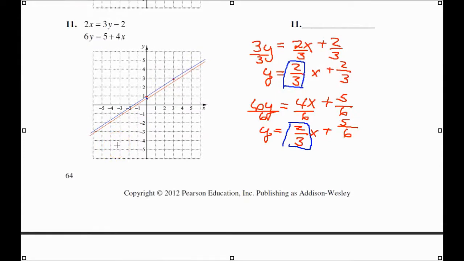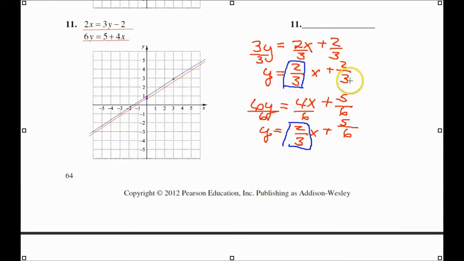Okay, as we look at example 11, and again, what I did here is I used the technique of solving for y, a positive y, and I did the same here. Now when I did that, notice what happens. Our slope is exactly the same.